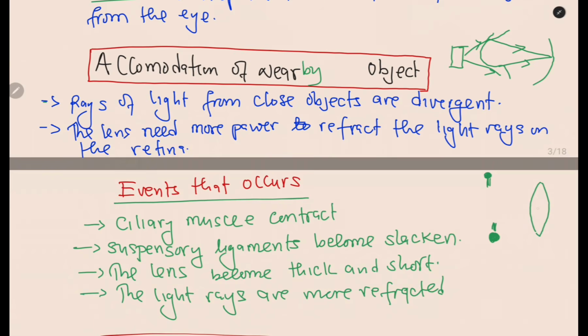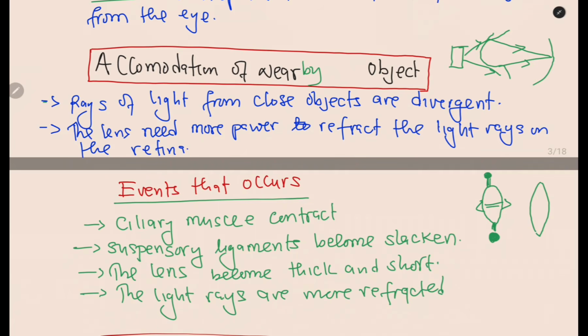When the suspensory ligaments are pulled, the lens is straightened, which means it becomes thin. But when they are slackened, the lens becomes thick, and we need it thick to give it more power to refract the rays.